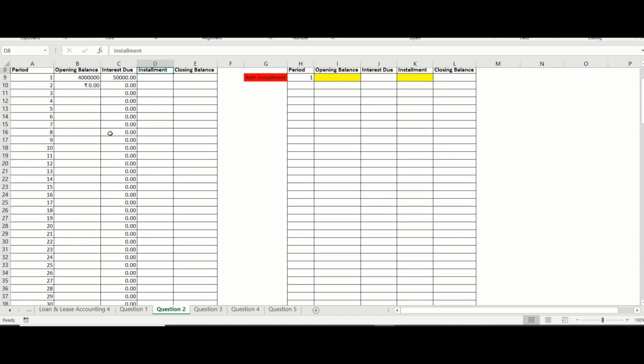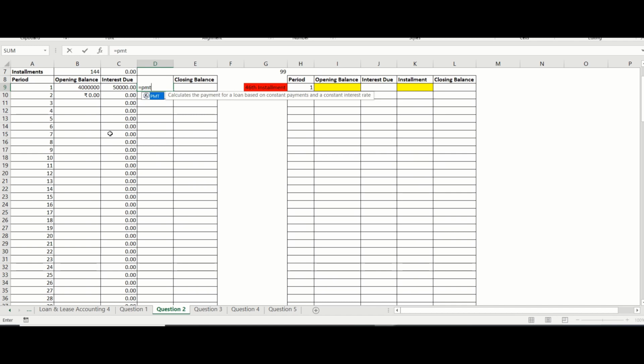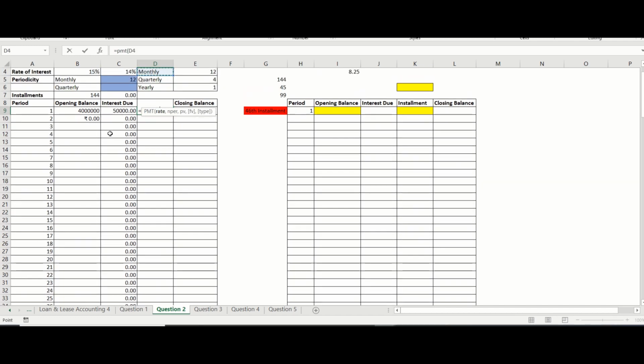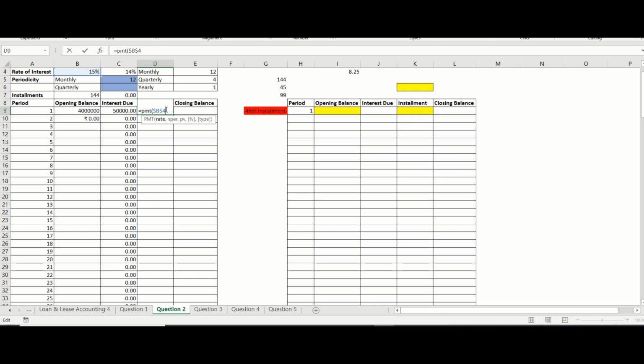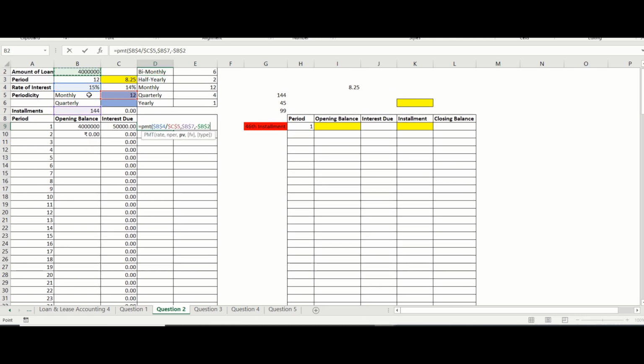Control D. My installment payment function rate is 15%. I fix it, divided by periodicity 12, right? My NPR is 144. My PV is minus 40 lakhs. Fix it, enter. I drag it down till 45.